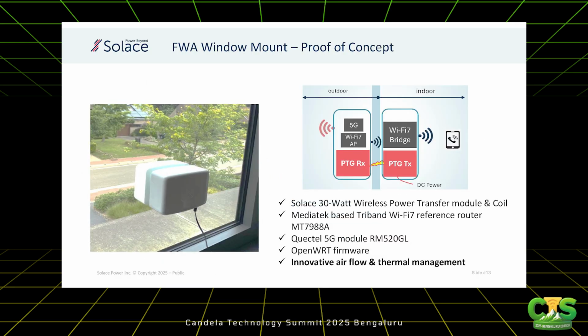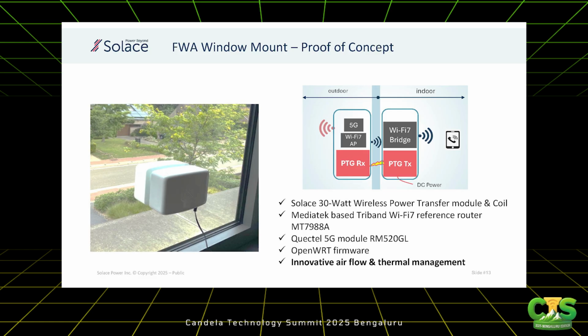This is the interesting part, a development over the last 6 months, where we wanted to develop a demonstrator, and we found MediaTek has the MT7988A Wi-Fi 7 reference platform. I think it's called Banana Pi. That's the only Wi-Fi 7 reference platform we could find off the shelf.